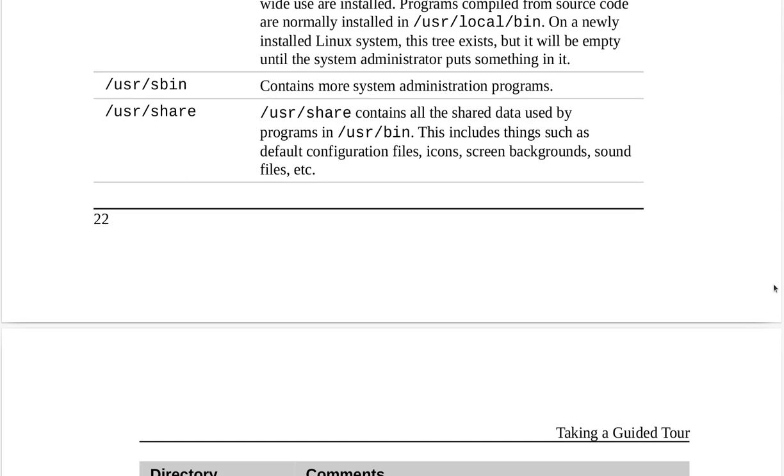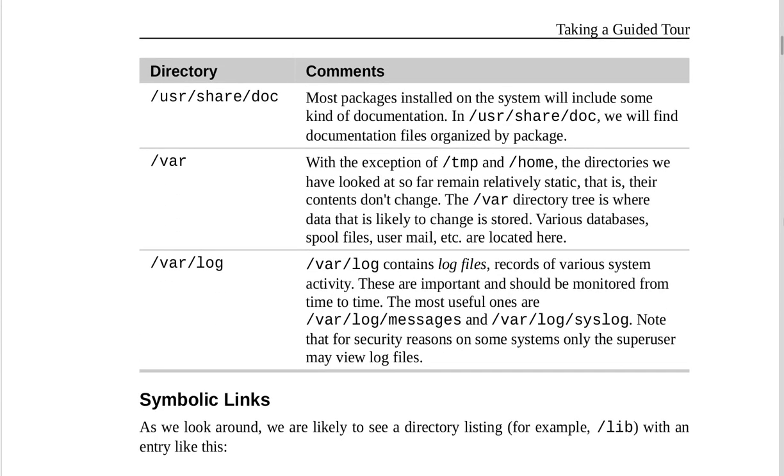/usr/share. The /usr/share directory contains all the shared data used by programs in /usr/bin. This includes things such as default configuration files, icons, screen backgrounds, sound files, etc. /usr/share/doc.